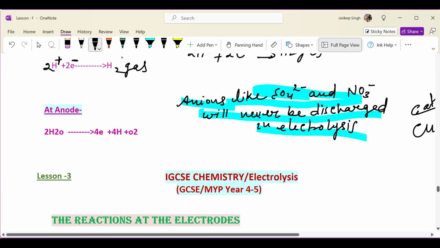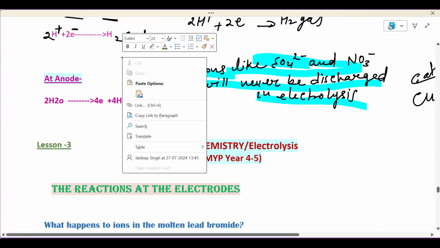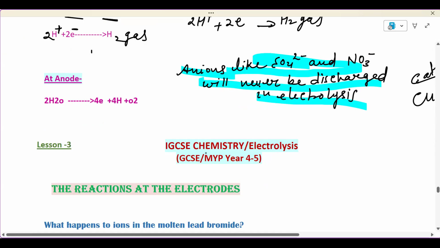If you want to learn it as a note, always remember at the anode, hydroxide ions are usually discharged to form oxygen gas, unless the electrolyte has a high concentration of halide ions, like chloride, bromide, or iodide.